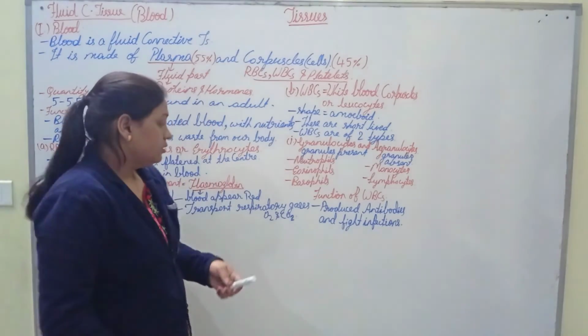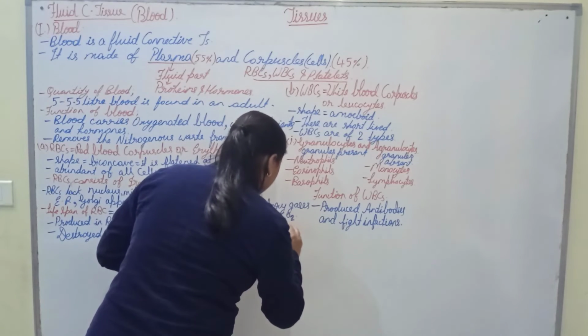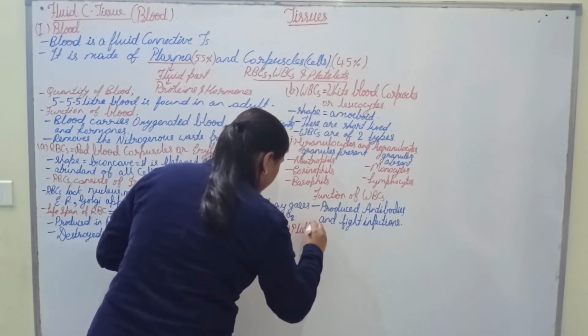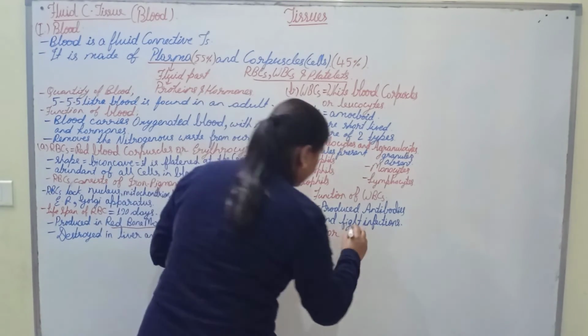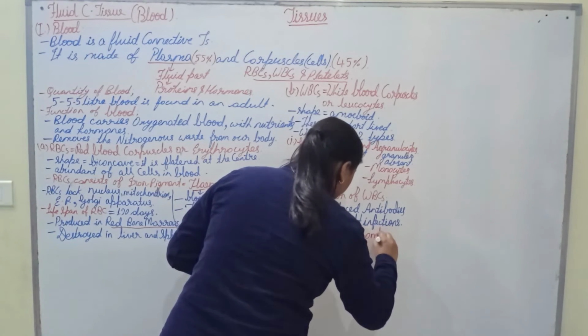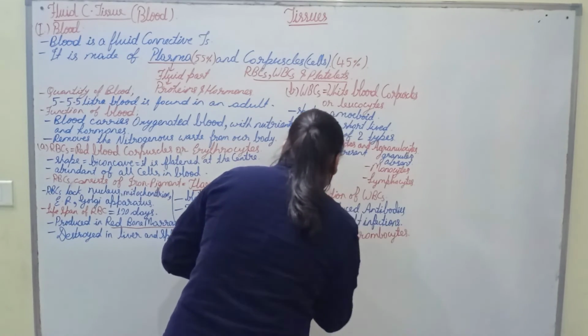Now we have platelets, that is the third type of corpuscles. Platelets are also known as thrombocytes.